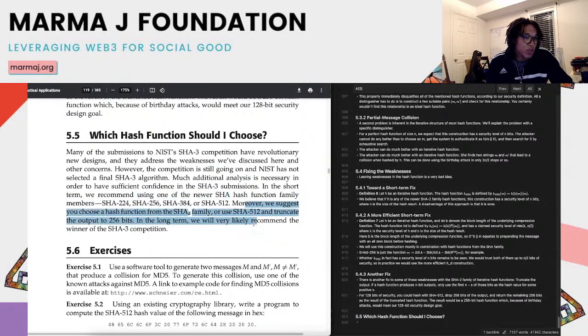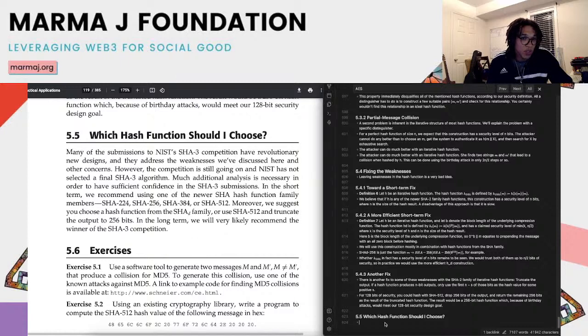Moreover, we suggest you choose a hash function from the SHA-2 family or use SHA-D family, with the fixes, or use SHA-512 and truncate to 256. In the long term, we will very likely recommend the winner of the SHA-3 competition. So SHA-3, and then obviously Keccak or whatever later.